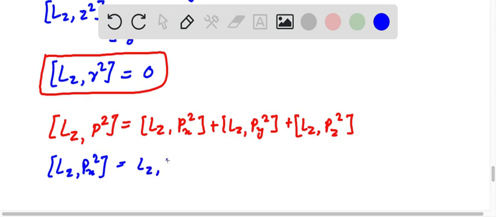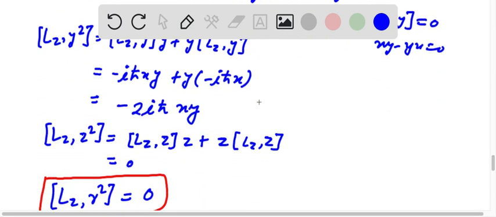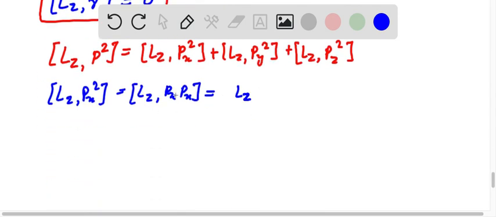Lz px px, and now use the property, that is [A, BC] equals [A, B]C plus B[A, C], and B is px, that is Lz px px.